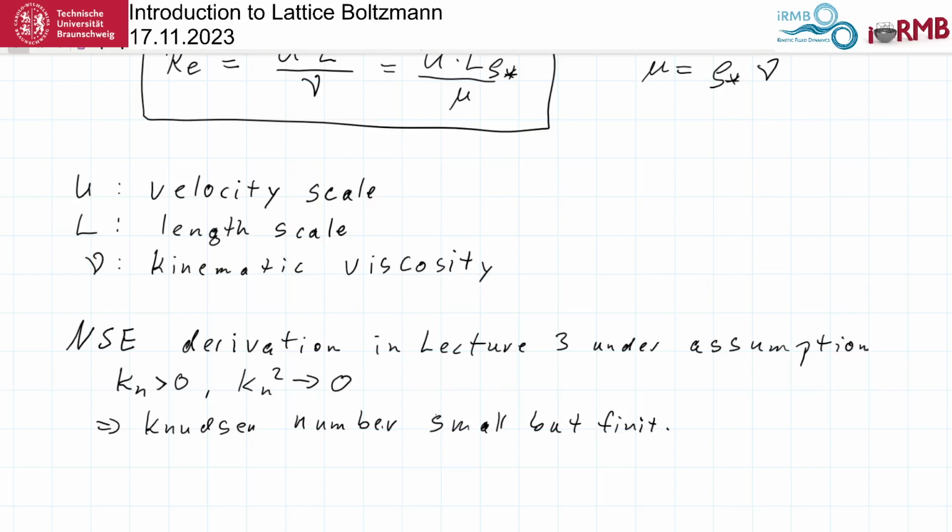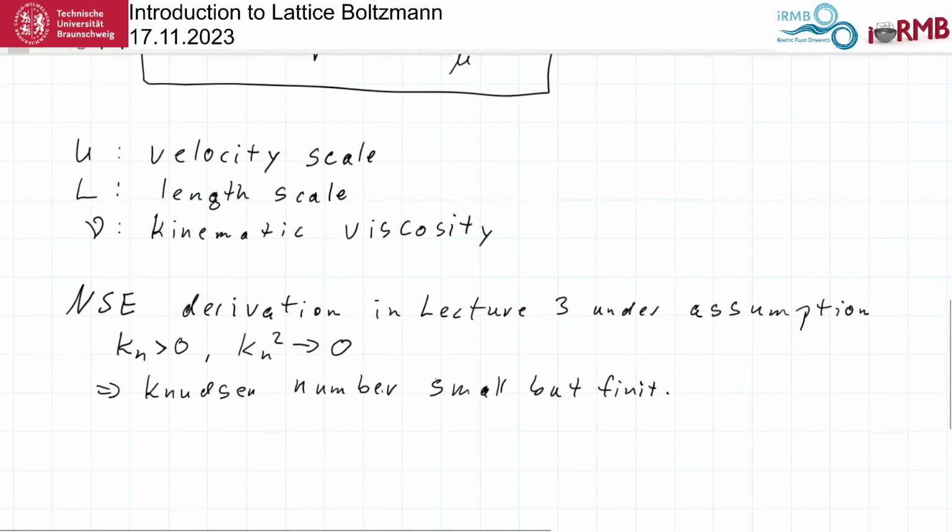Now, that's completely valid from a physical point of view, but in engineering, we are looking at fixed size problems usually, right? So we have a certain problem, and this certain problem is usually described by a fixed Reynolds number. Your problem, your car, whatever you want to simulate is given by a fixed Reynolds number, and this has some consequences here.